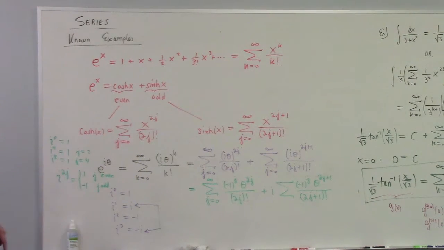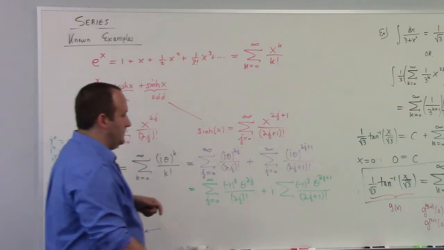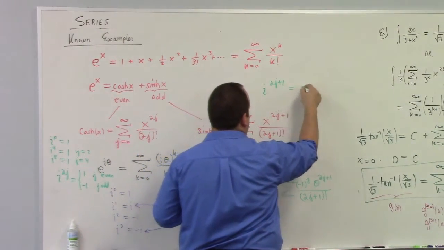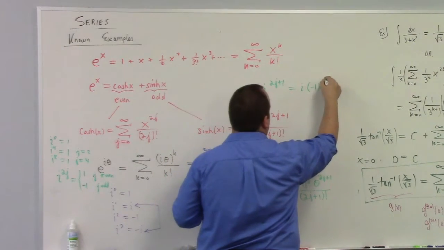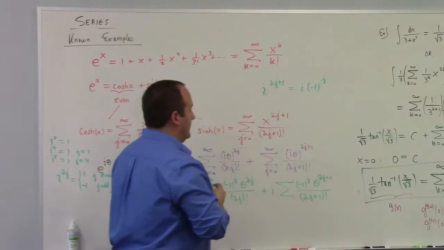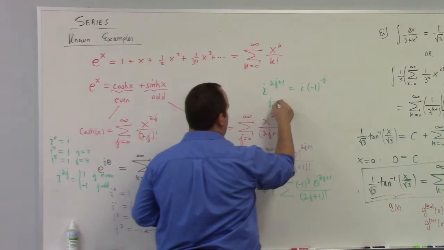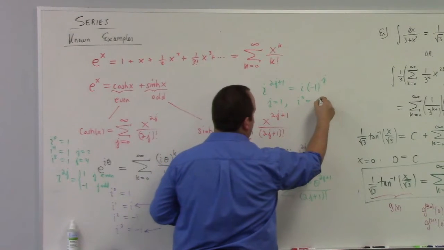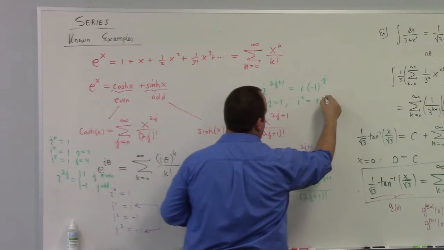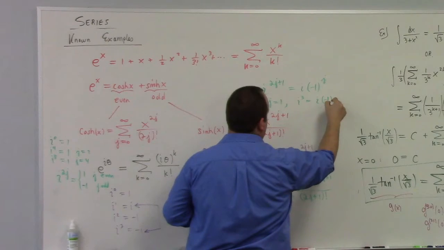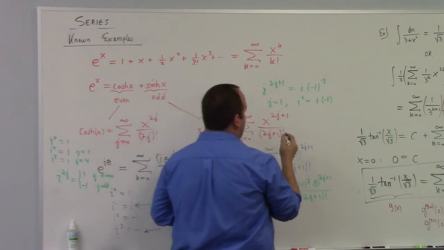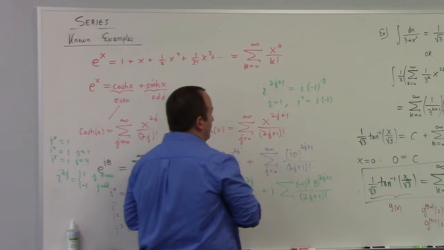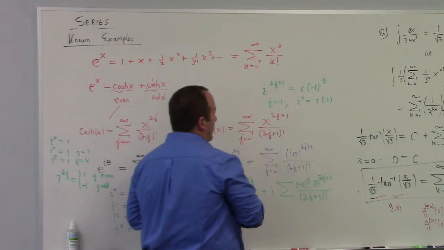And similarly, i to the power 2j plus 1, this is a claim I'm making, is actually equal to i times minus 1 to the j. For example, if we look at j equals 1, we get i cubed, which is i times minus 1 to the 1, right?